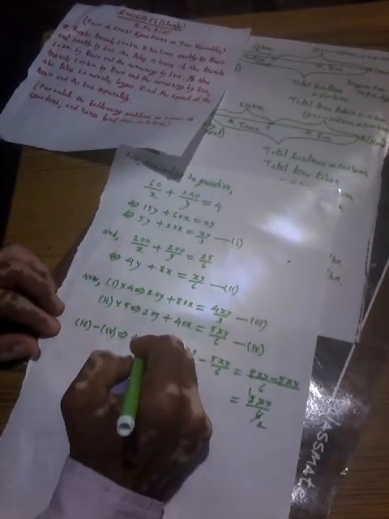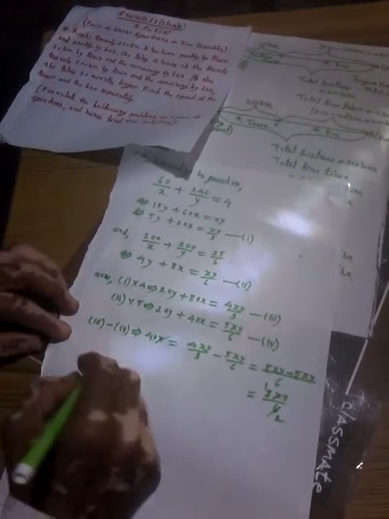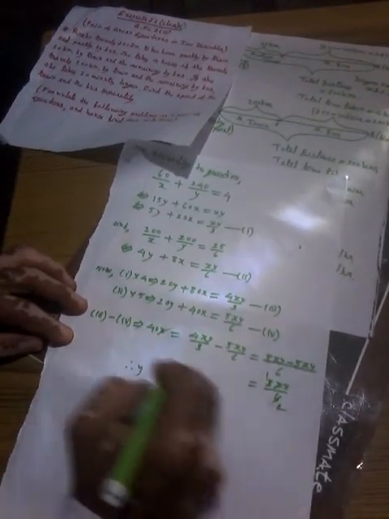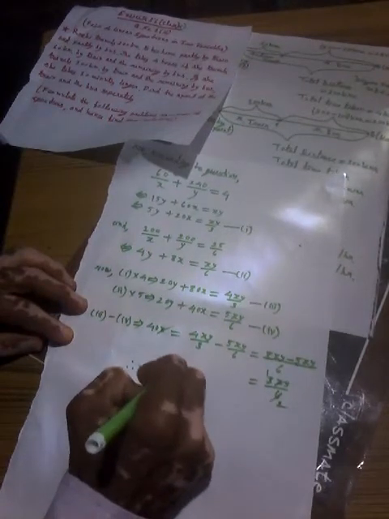This x will be cancelled. Therefore y is equal to 80.